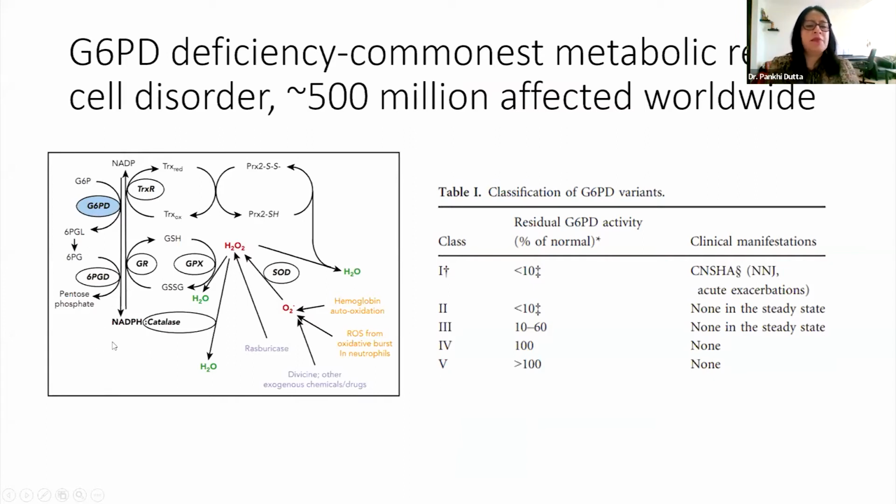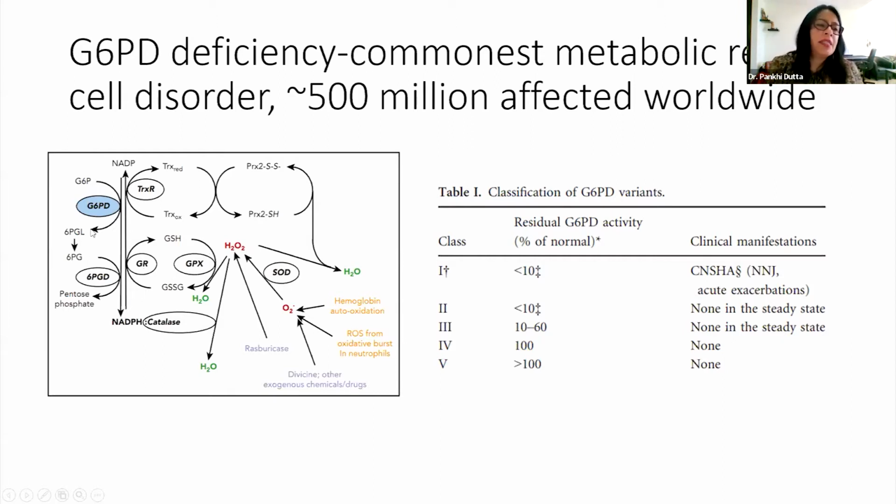This reduced NADPH is necessary to counteract the effects of many oxidant radicals. Oxidant radicals that can be formed because of autooxidation or because of infections or oxidative burst in neutrophils, some drugs, some chemicals. You know, from fava beans also we get something which can cause oxidant damage. All this requires NADPH or reduced NADP.